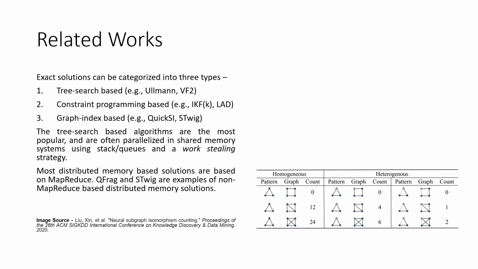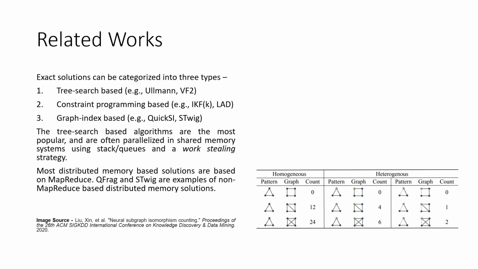The most popular, as I already said, are the tree search based algorithms. To a large extent, I am also interested in similar kinds of algorithms, and these are the algorithms that are the most popular even in parallelized solutions.